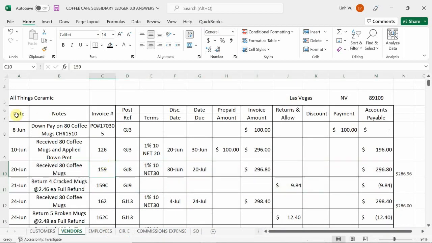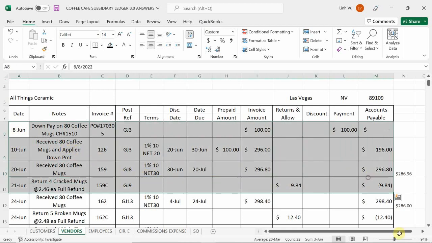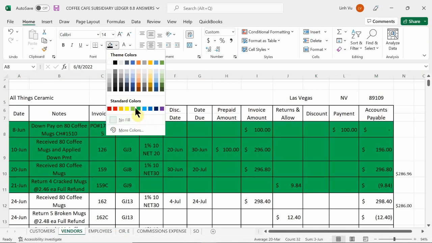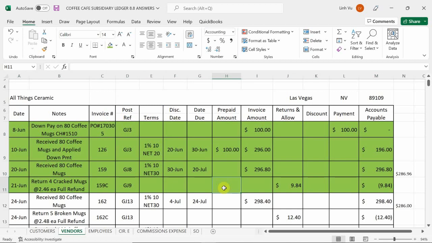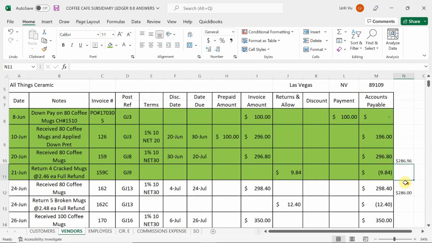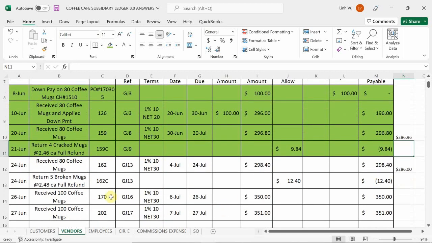Since you're going to make a payment for all of these, I'm going to highlight that because I'm making a payment to these. Right now I currently owe, if you calculate it, let's do the calculation here.